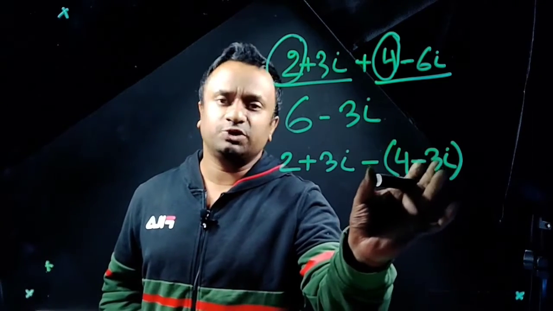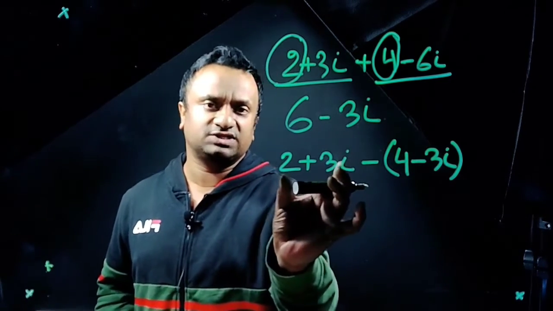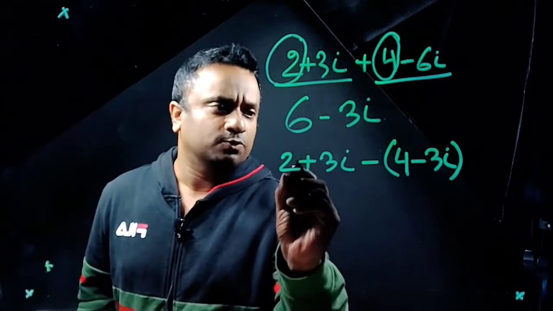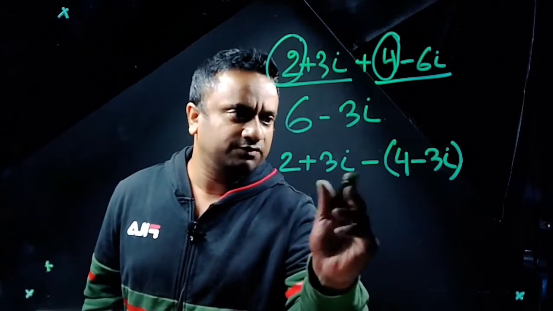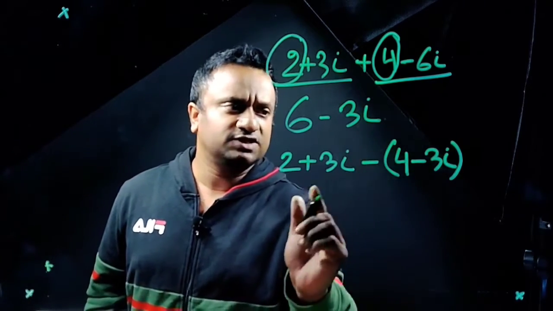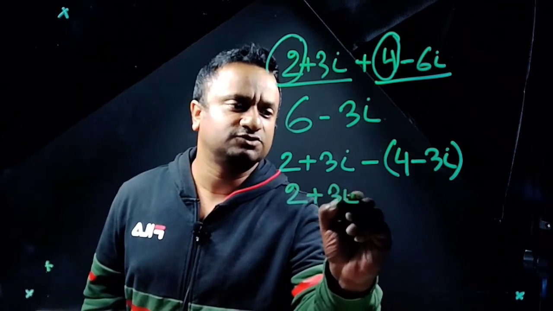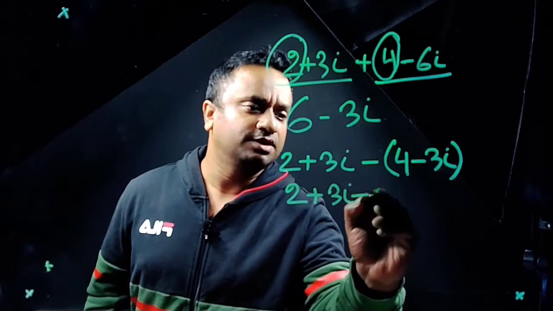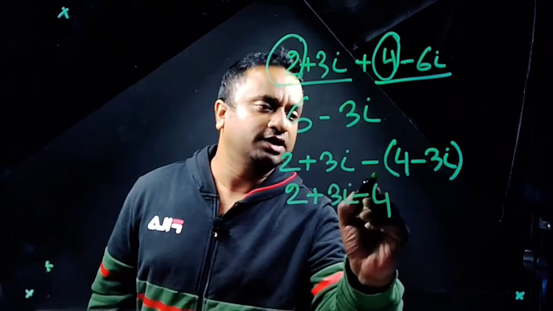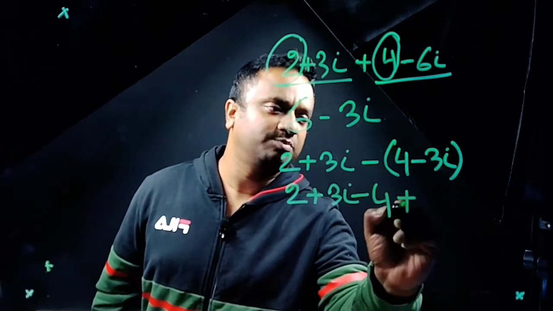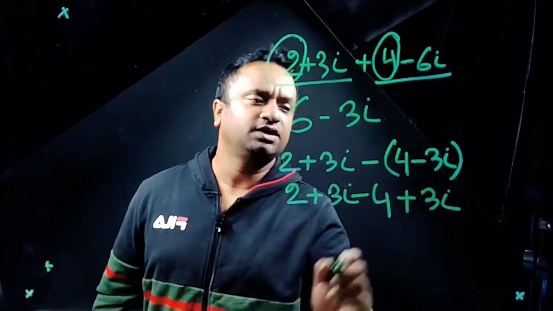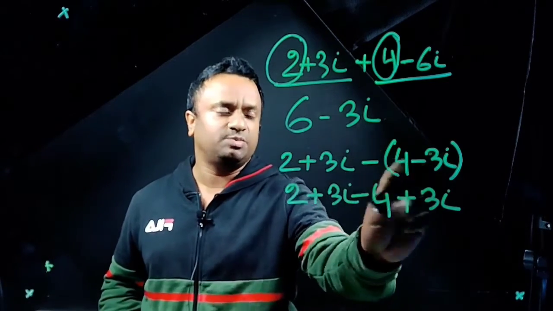Why? Because I'm going to subtract it from the first complex number. So if I get rid of these brackets, it becomes 2 plus 3i, then negative 4, and both negative signs make it plus 3i. Okay, minus and minus makes it plus.